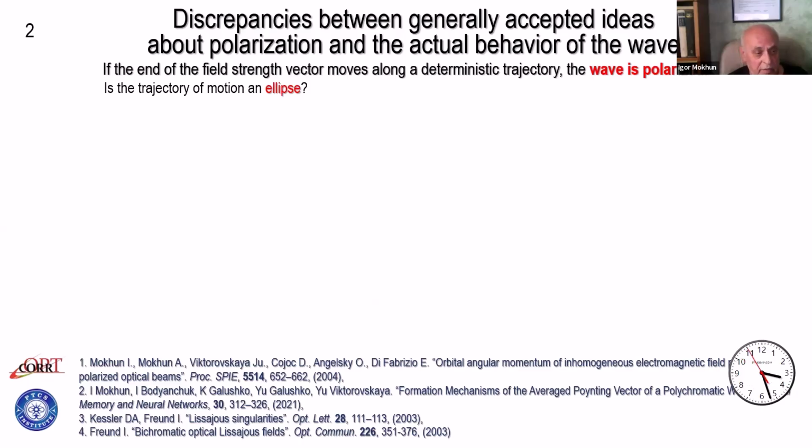By default, it is assumed that nothing fundamentally changes when one analyzes a polychromatic wave. First of all, we will point out a situation where fundamental, well-known, widely used polarization characteristics don't quite adequately describe the behavior of the field strength vector.